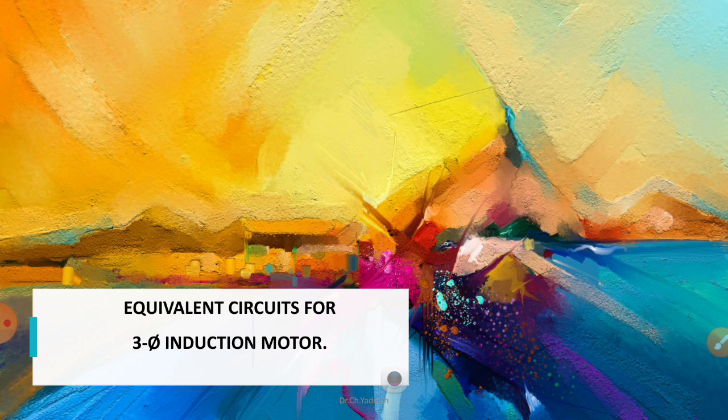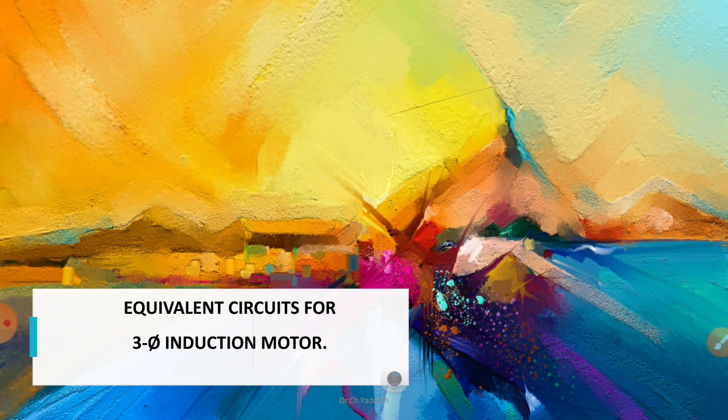As we have already seen, the EMF induced in the primary, E1, is equal to 4.44 times flux, frequency and number of turns N1, whereas E2, the EMF induced in the secondary, is also 4.44 times flux, frequency and N2, because the primary and secondary windings are wound as concentrated windings.